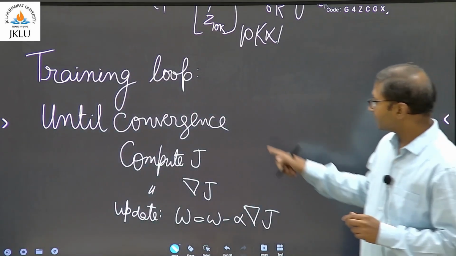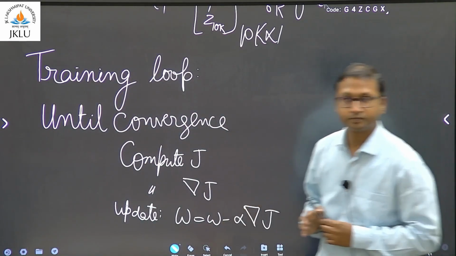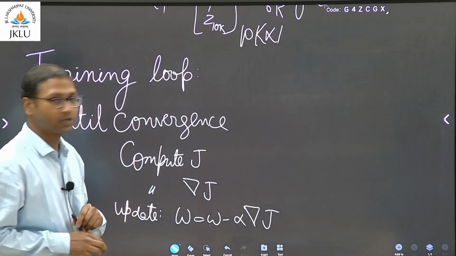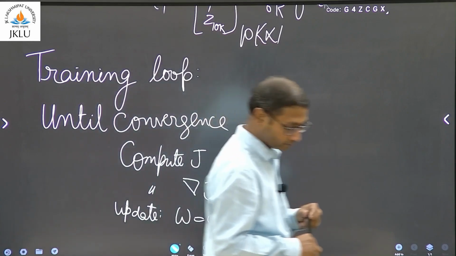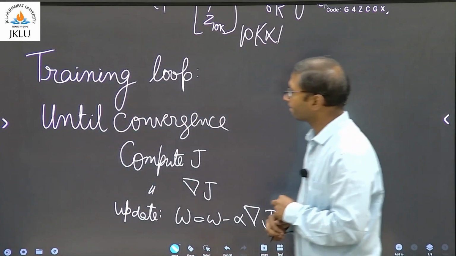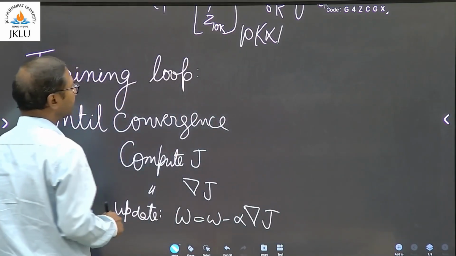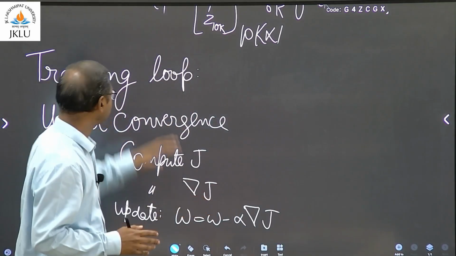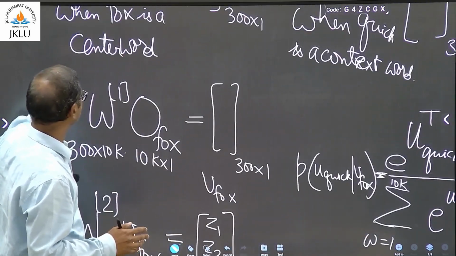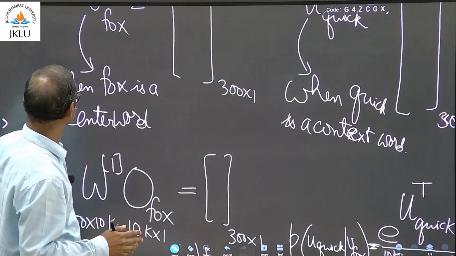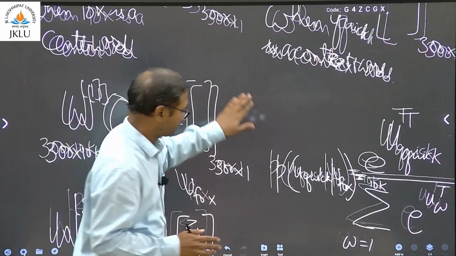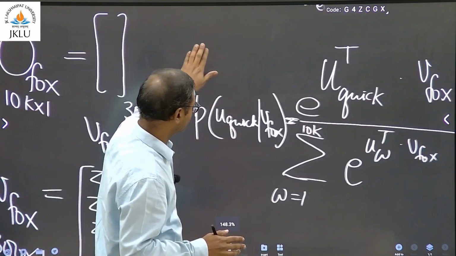What are the things we are missing in this? J. So what do you think should J be for this particular purpose that we are doing? What is it that you should try to maximize or minimize? Given this, we had this equation just. So this equation is super important.